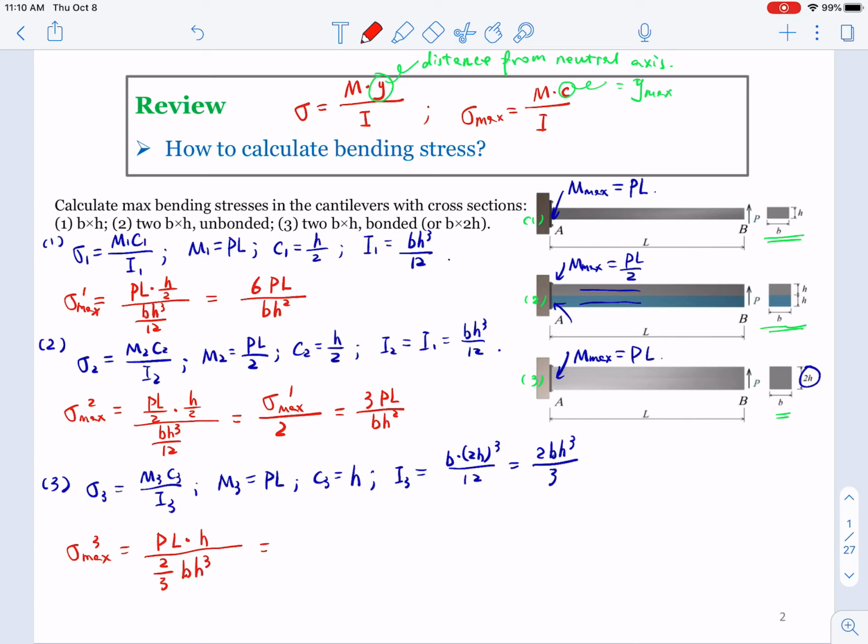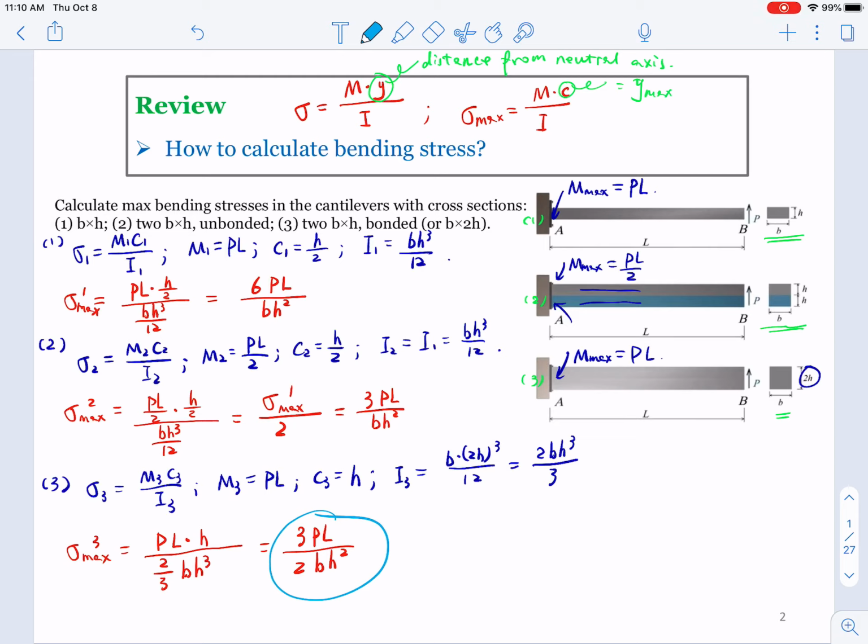This will be 3PL over 2 BH squared. Okay, so you can see in which case you have the maximum stress, and in which case you have the smallest stress. The smallest stress is here.